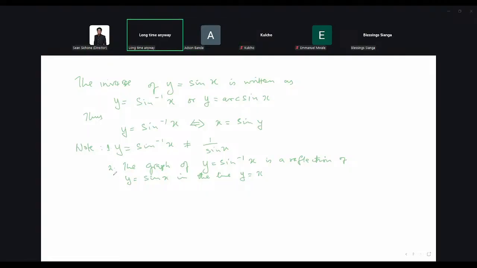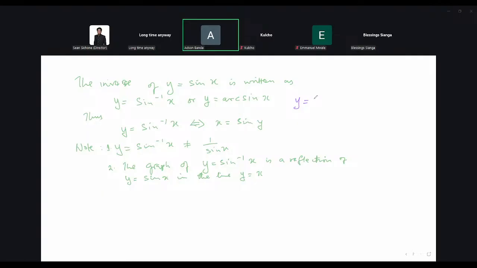Yes, sir. You said that the inverse of the function is not equal to 1 over sine x. So what if, instead of writing y equal to sine x, you write y equal to 50 sine x? I didn't hear. Is this 50 or what? Shift, calculator. Yes, shift, but we are not using calculators here.